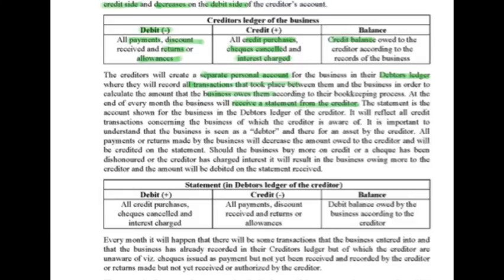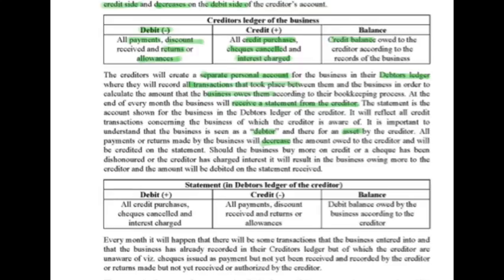So it is important to understand that the business is seen as a debtor, and therefore it is an asset in the creditor's books. So all the payments or returns made by the business will decrease, but this will be done on the credit side, and then an increase will be on the debit side.